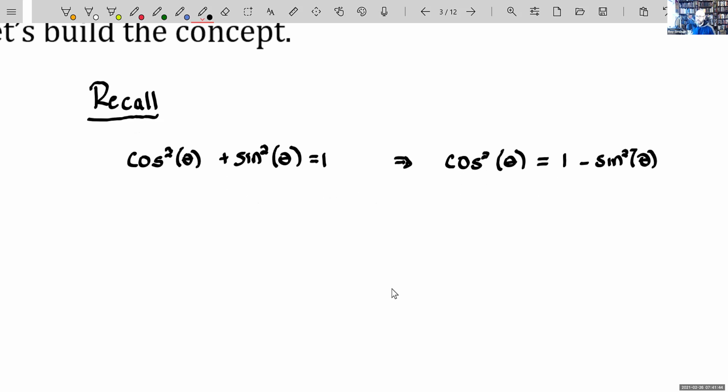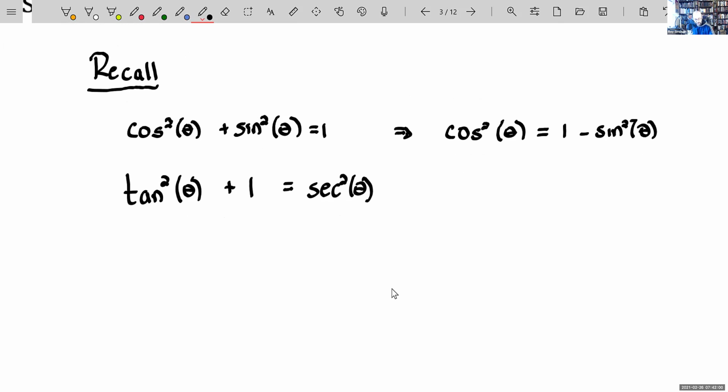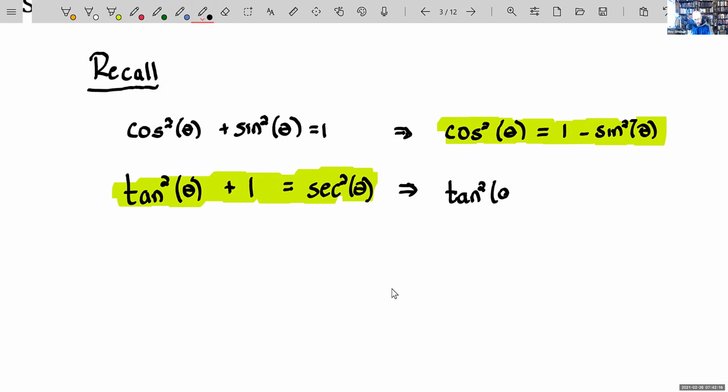And let's take a look at a different Pythagorean identity. How about this one? The tangent squared of theta plus 1 is equal to the secant squared of theta. This identity right here leads to itself, but you can also manipulate it slightly and subtract 1 from both sides, and you get that tan squared of theta is the same thing as secant squared of theta minus 1.